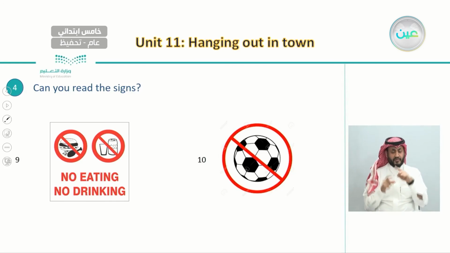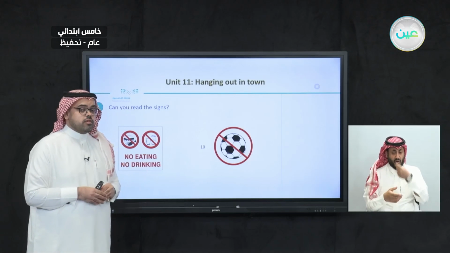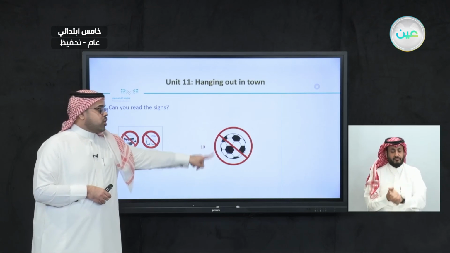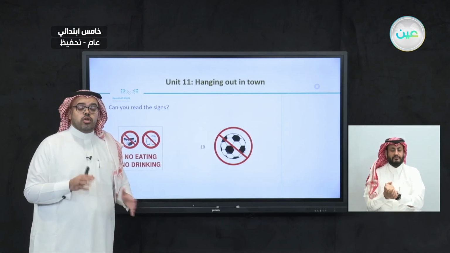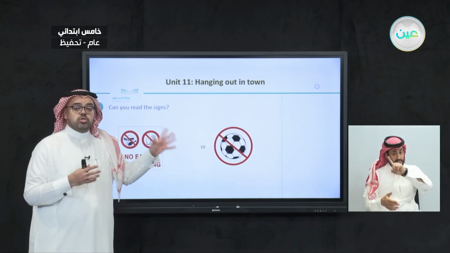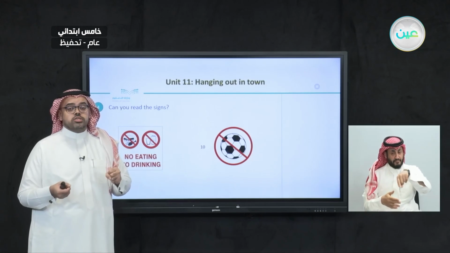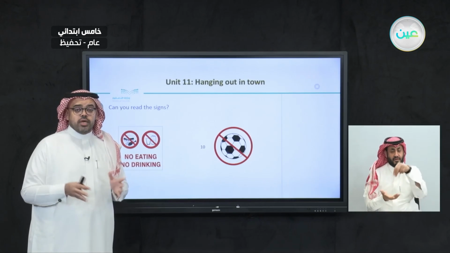Can you read number 9? It says, no eating, no drinking is allowed in this place. You should not bring food in this place. And what about number 10? Number 10 says, no balls. You should not bring toys or balls to this place.